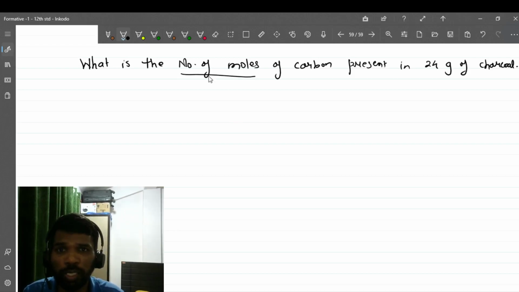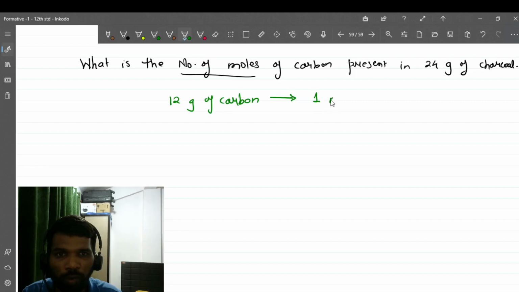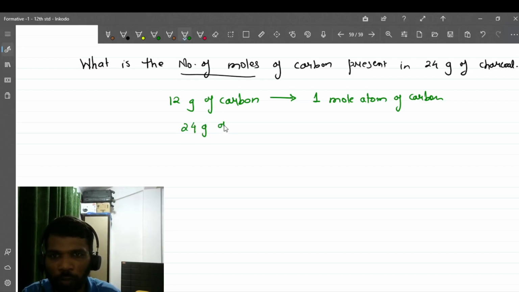Same way here, moles is asked. So we have a standard relation. See how my standard relation is changing now. Since we are told to find the number of moles, I'll change this: 12 gram of carbon is equal to 1 mole atom of carbon, right? And how many moles are present in 24 gram of carbon?